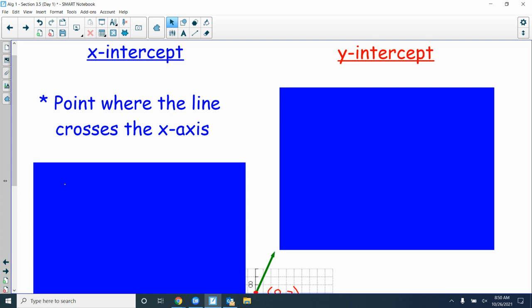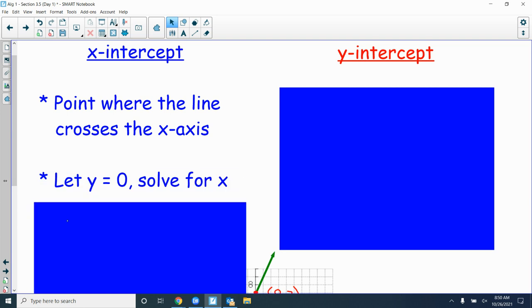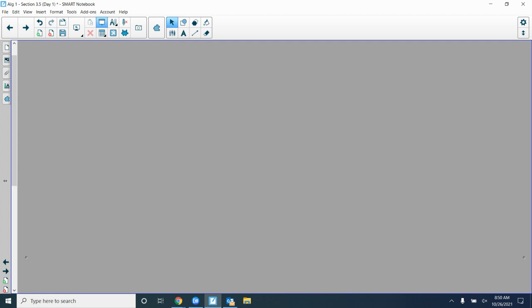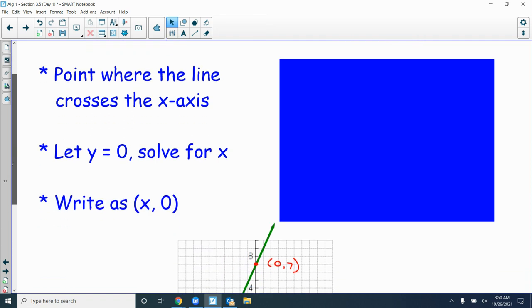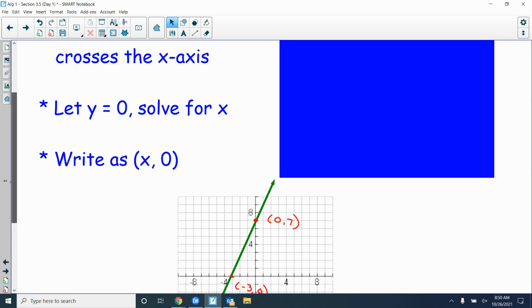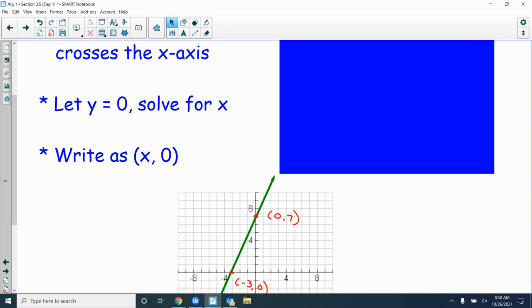Here's how you find it. For the x-intercept, the y is always 0. So in our equation, we're going to let y equal 0 and solve for x. And then we're done.